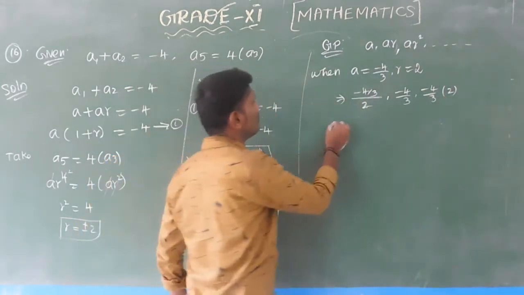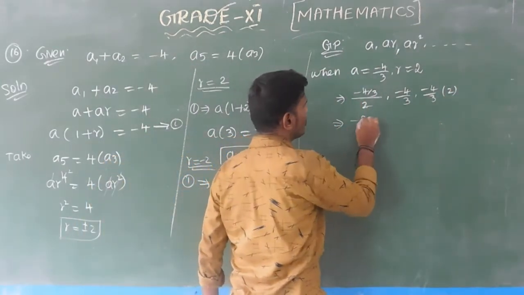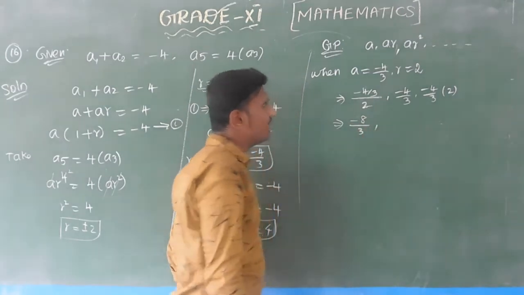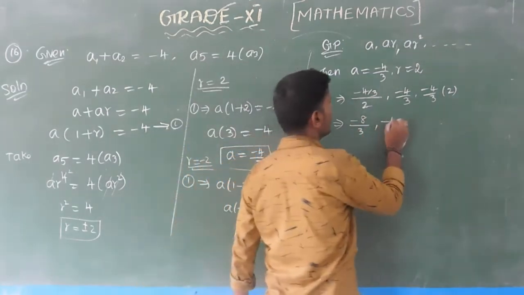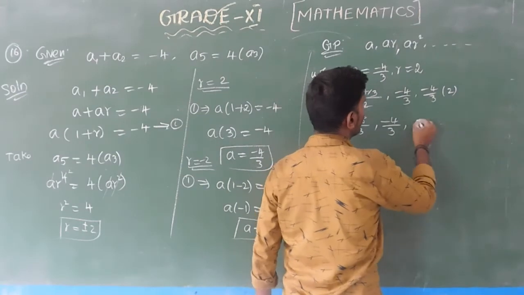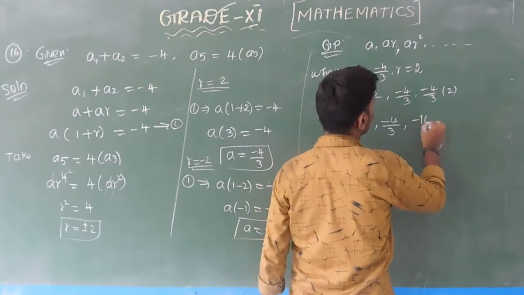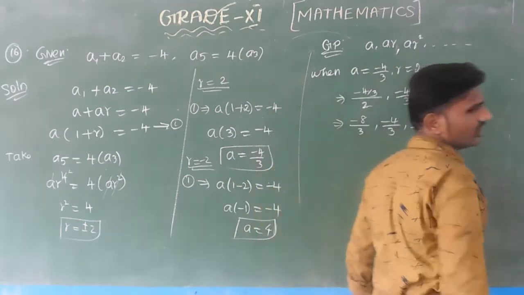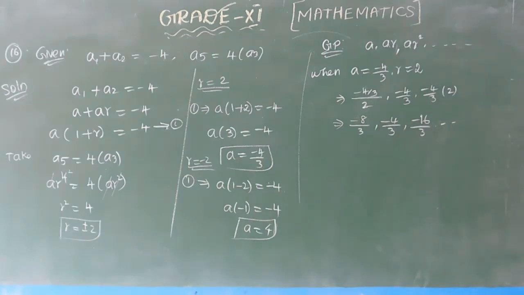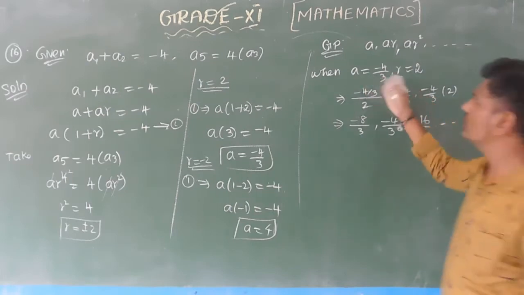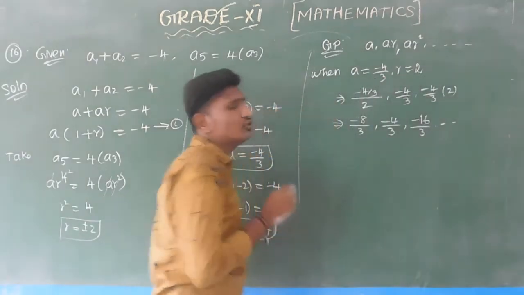Now multiply to get the answer: minus 2 by 3... so minus 8 by 3, comma minus 4 by 3, comma minus 16 by 3. Minus 16 by 3. So this is your GP when a equal to minus 4 by 3 and r equal to plus 2.